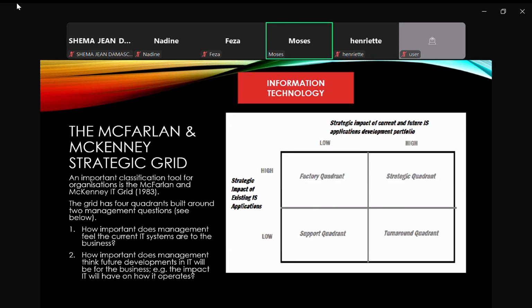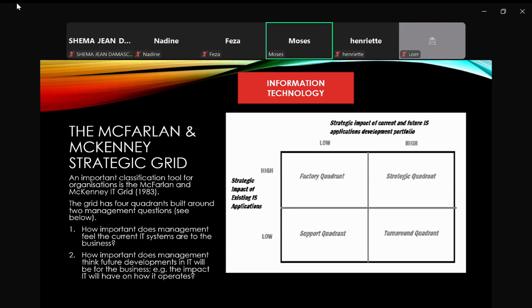This is a model that essentially tasks business leaders to obtain an understanding of the importance of information technology today and tomorrow. And they determine essentially whether IT is going to be important tomorrow.